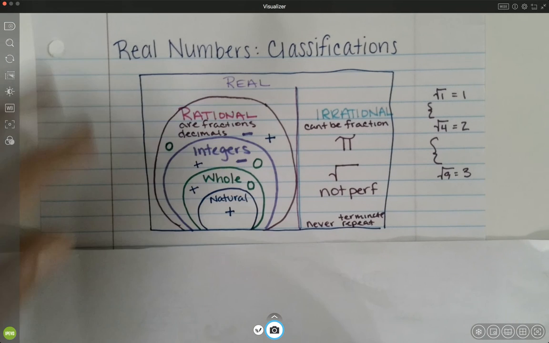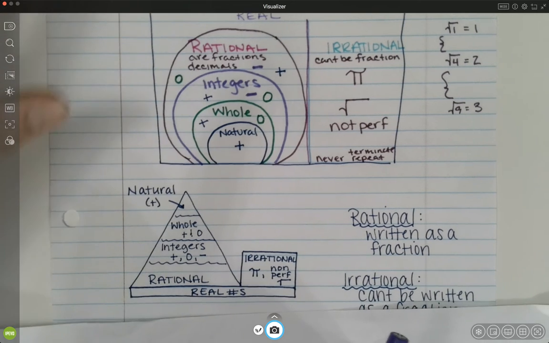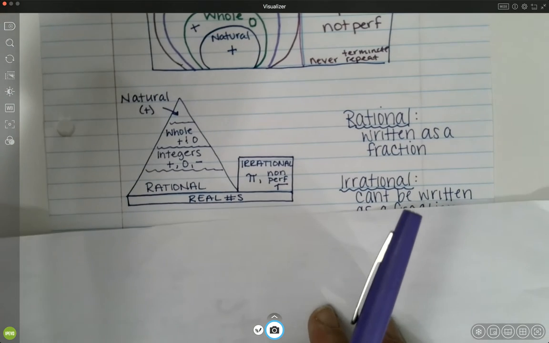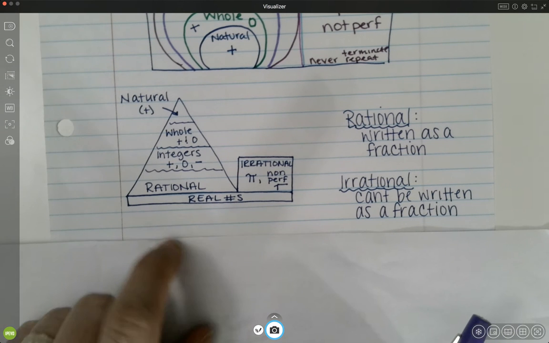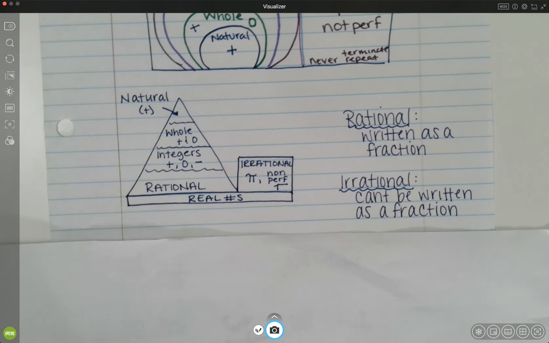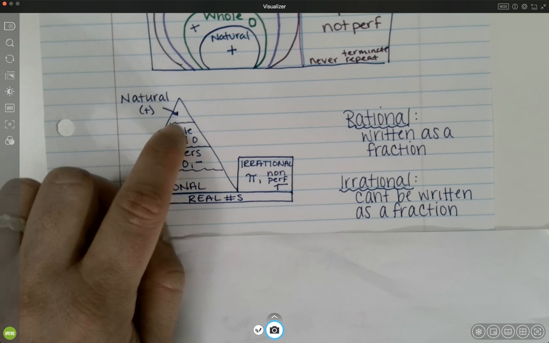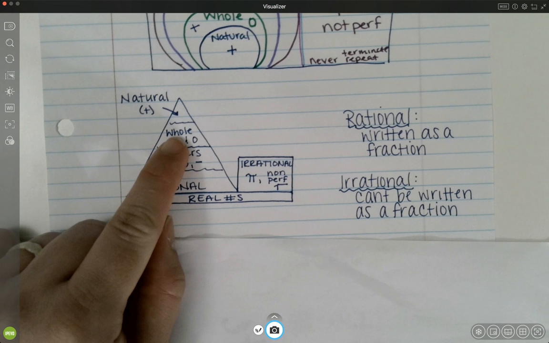Another diagram that you can use is this pyramid system. This is one that we like to look at when they're using the terminology of what are all of the categories. Natural is positive. He's at the top, the most specific. As I roll down the pyramid, I pick up my 0 with whole numbers.